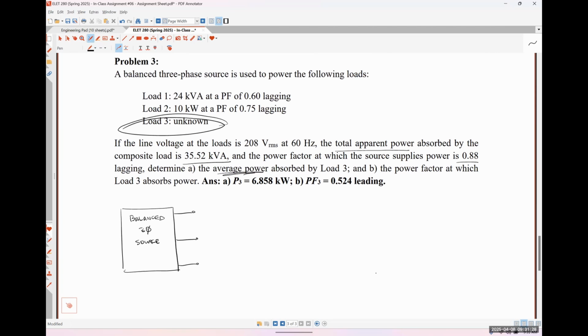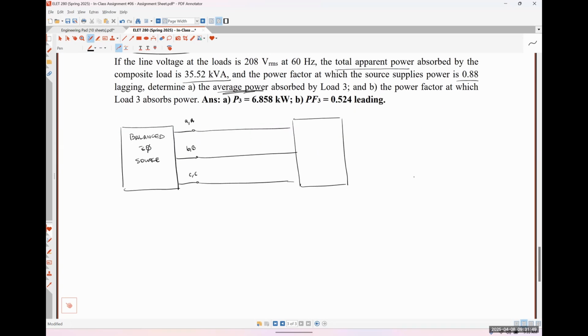So I'm going to treat ZW as if it were a short circuit. So over here will be load 1, and then down here will be loads 2 and 3.